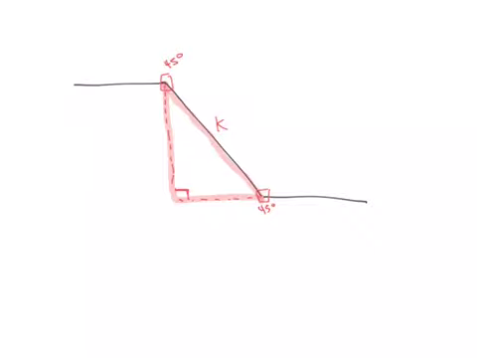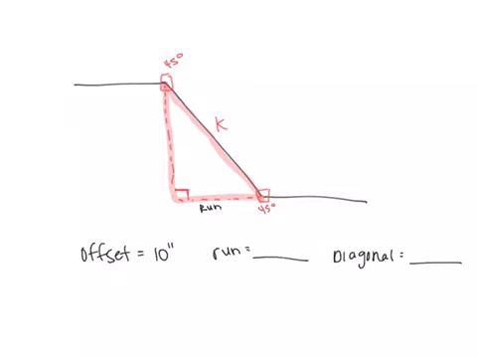So let's say I'm going to give a question here, that our offset equals 10 inches. And I want to know what is the run, and I want to know what is the diagonal. My run is the horizontal, so this right here is my run. That means this is my offset, and this is my diagonal.